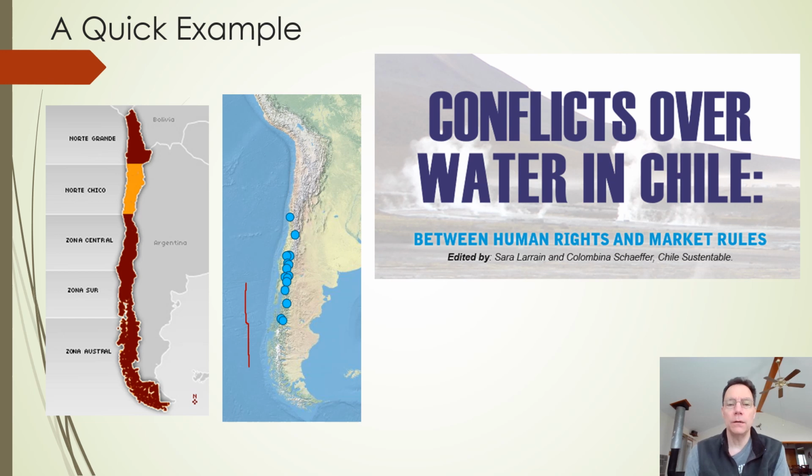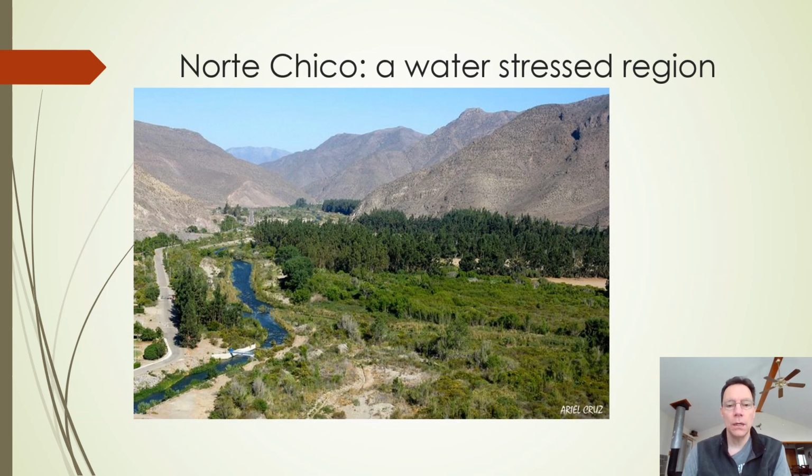A lot of them are about some sort of dam, like hydroelectric power dam that's being proposed or being built, and some people are protesting that. The example I want to talk to you about real quickly here is about agriculture. So in Norte Chico, one of the northern parts of Chile, this is a very water-stressed region, but still they're doing agriculture there.